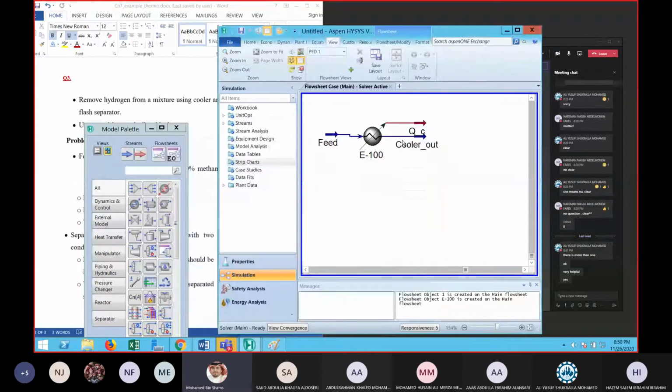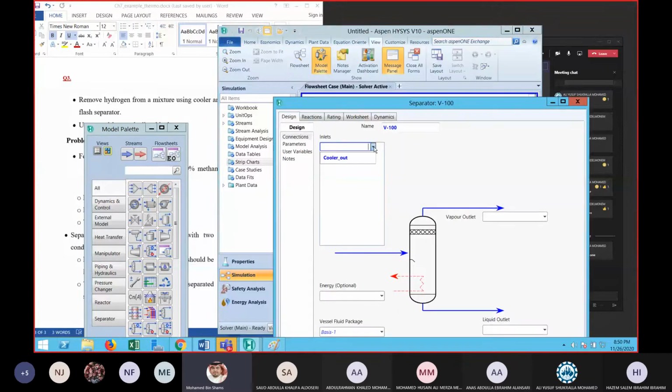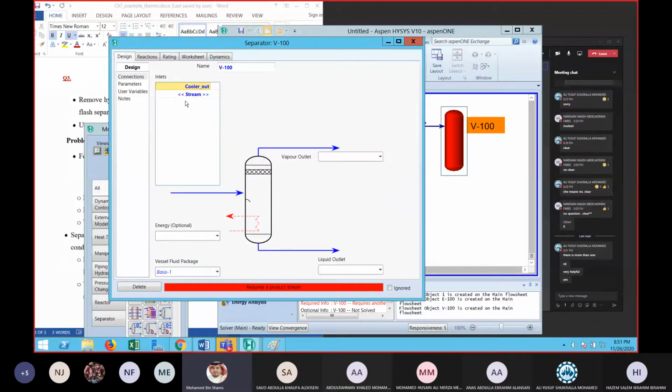Why did I do that? Because I have no information and I want to force the cooler to be solved. But notice that the cooling will not give me what I need. Okay? So I said the inlet of the separator is the cooler out, and above we have, let's call this the hydrogen stream, the vapor hydrogen stream because it's vapor on top, and below we call it the liquid separated stream.